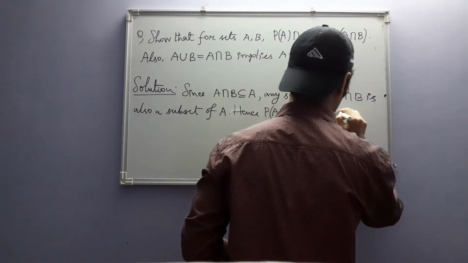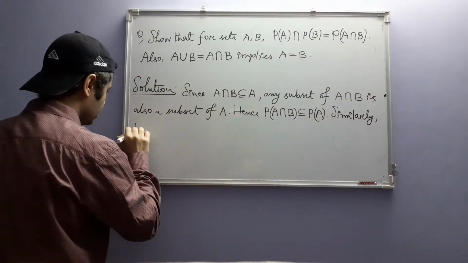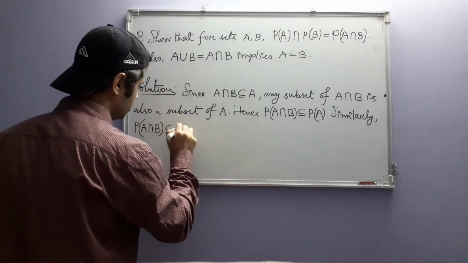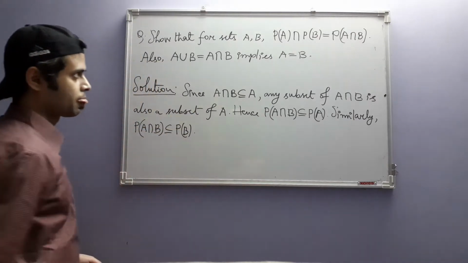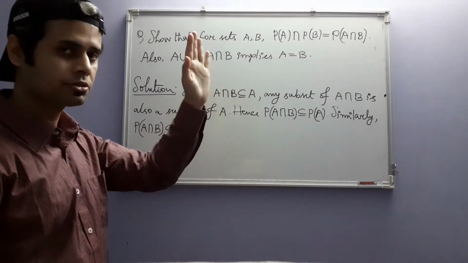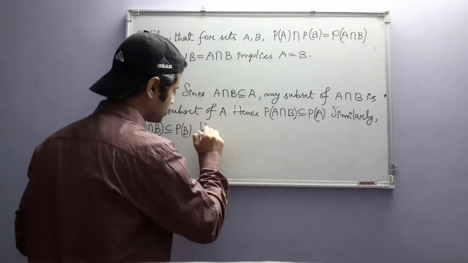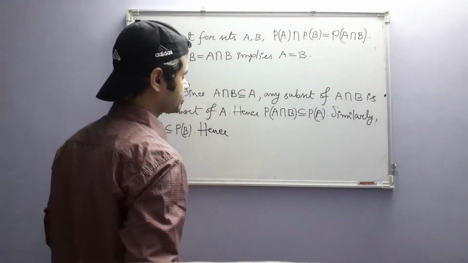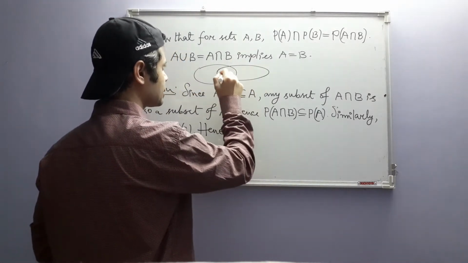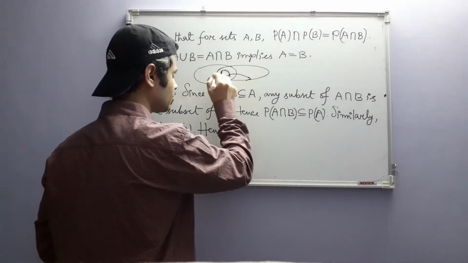Similarly, P(A intersection B) is a subset of P(B), because A intersection B is also a subset of B. Now, if you have a set which is a subset of this one and also of that one, then it is a subset of their intersection.